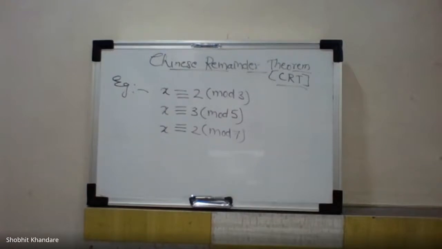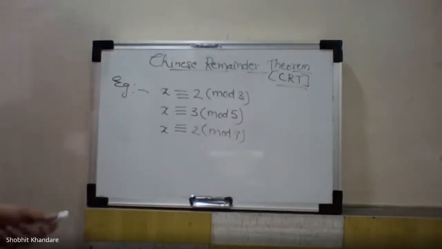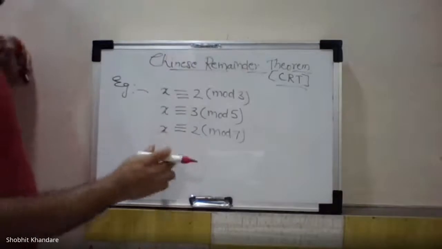Equal we write with only 2 lines, but here we are writing 3 lines. So we'll see what this is.